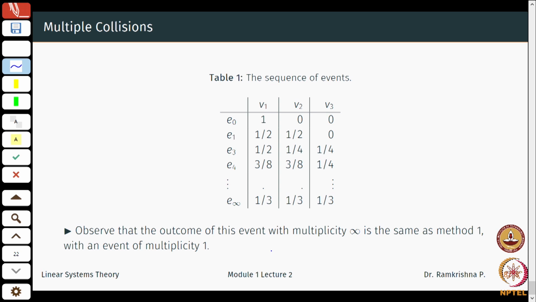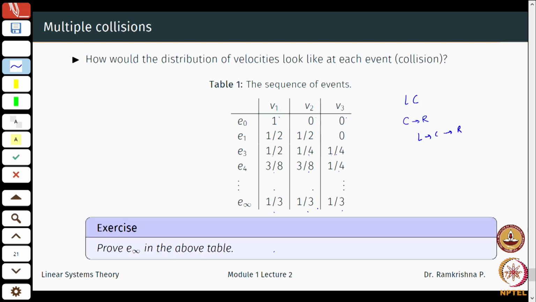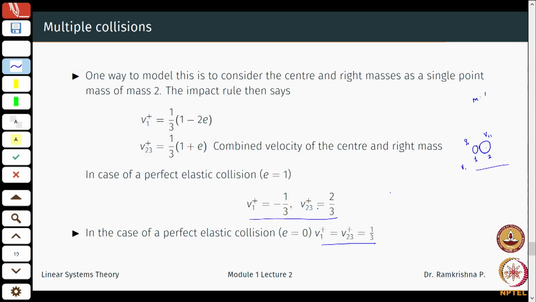So what is happening? This is in the event of multiple collisions. I am looking at e equal to 0 at steady state, if I may call it so, where my velocities will be 1 by 3, 1 by 3, 1 by 3. Now, let us go back to the situation where we considered the collisions as if a particle of mass m is colliding with a particle of mass 2, where these two other point masses were clubbed together.